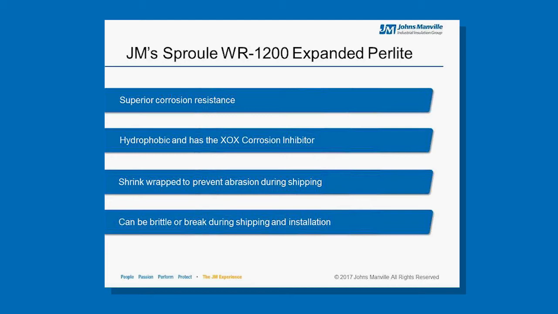And care must be taken with this material because of the fragile and friable nature of it. As I mentioned in the bullet above, it can be brittle and it can break during shipping and installation. We have heard feedback that in excess of 20% additional material needs to be purchased in order to accommodate for that breakage.